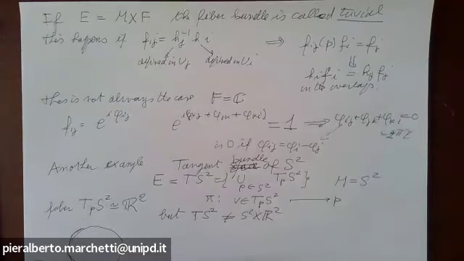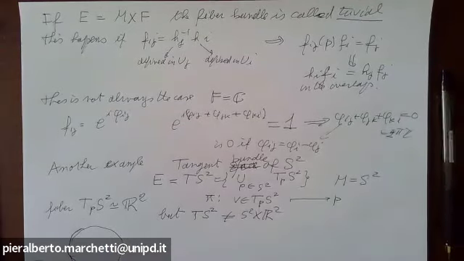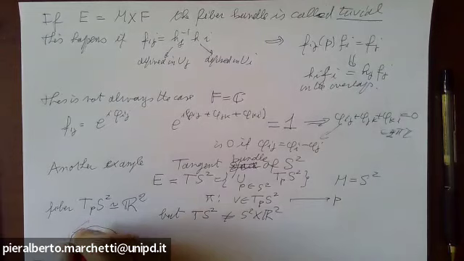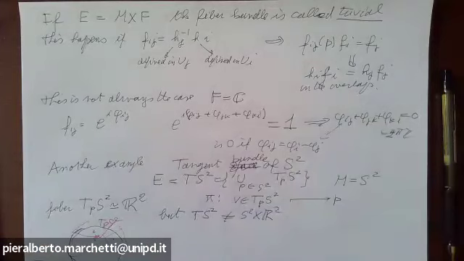Suppose you have the two-sphere and you pick a point in the sphere and you have your tangent space here. Of course, you have many tangent spaces. You pick another point, you have another tangent space here. Of course, they are entirely R².